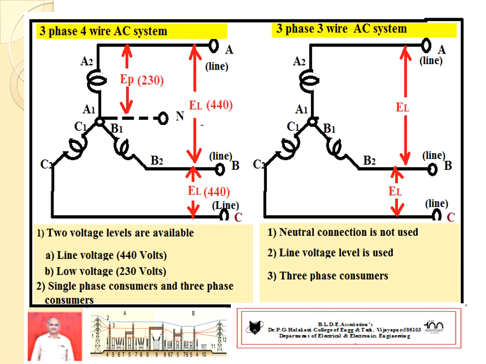Now a similar discussion for the three-phase four-wire AC system. You clearly observe, sir, line A, line B, line C, and there is a neutral wire also. The voltage between any two lines is called the line voltage.